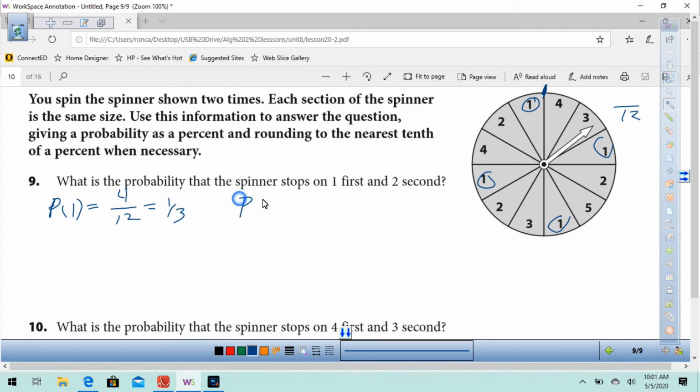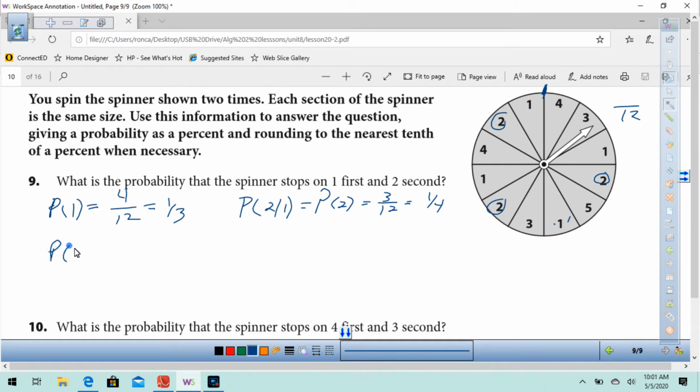Now, the probability of a 2 given a 1, which is really the same as the probability of a 2. Well, let's see how many 2s there are. 1, 2, 3. So 3 over 12, which is 1/4. What is the probability that the spinner stops on 1 first and the 2 second?